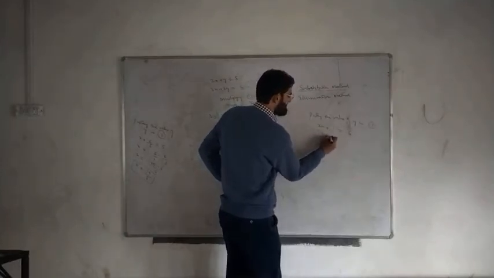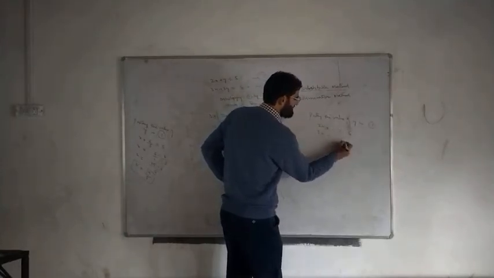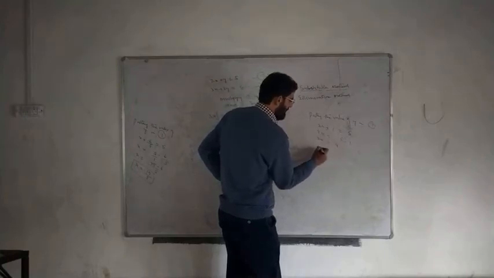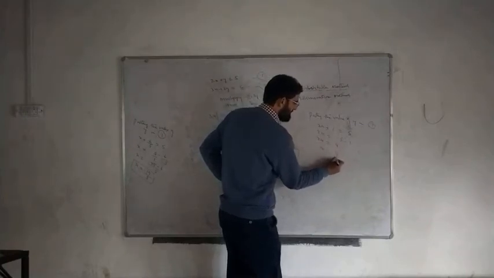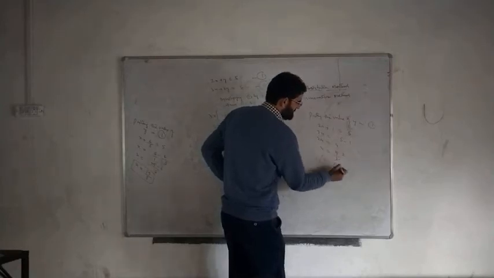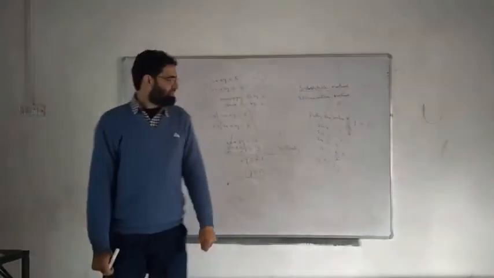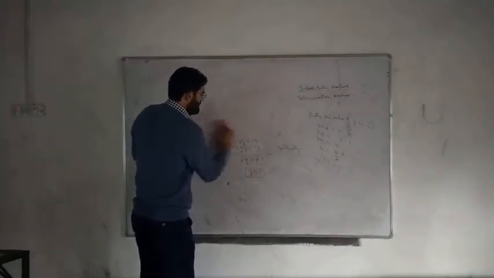So 2x is equal to 5 minus 1. This is 2x is equal to 4. What is x? It is 4 divided by 2. 2 2s are 4. So x is equal to 2. This is the elimination method. It's very simple. So let's attempt one more question so that this will become clear to you.